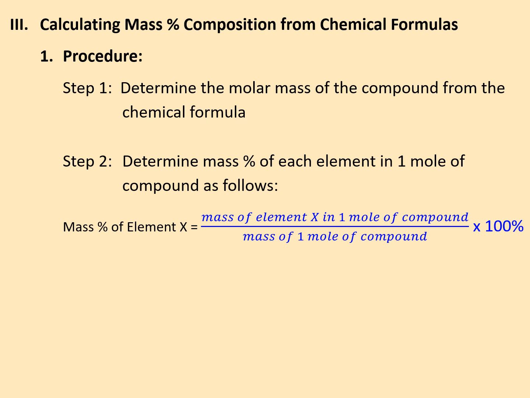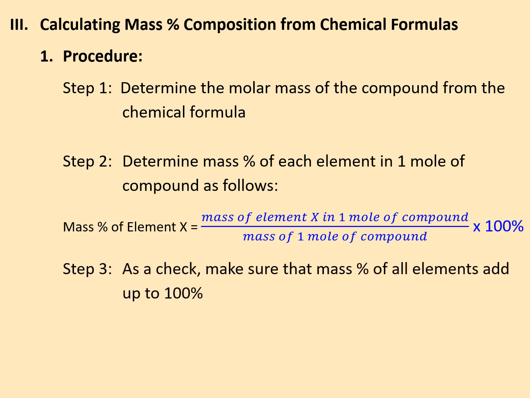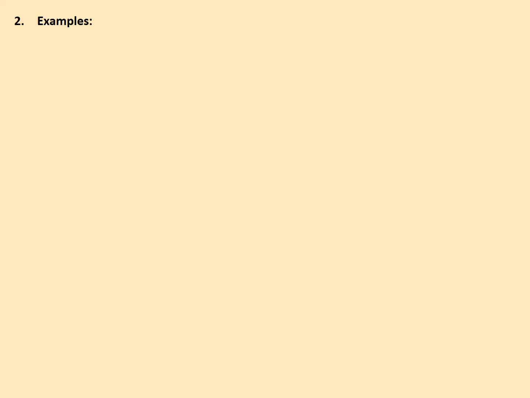And of course, we're going to have to multiply by 100% to turn this fraction into a percent. Just like in the last set of problems, you can always check to make sure that your mass percents for all your elements add up to 100% to prevent any calculation errors. Let's take a look at a couple of examples to see how we can determine the mass percent composition when the chemical formula is known.